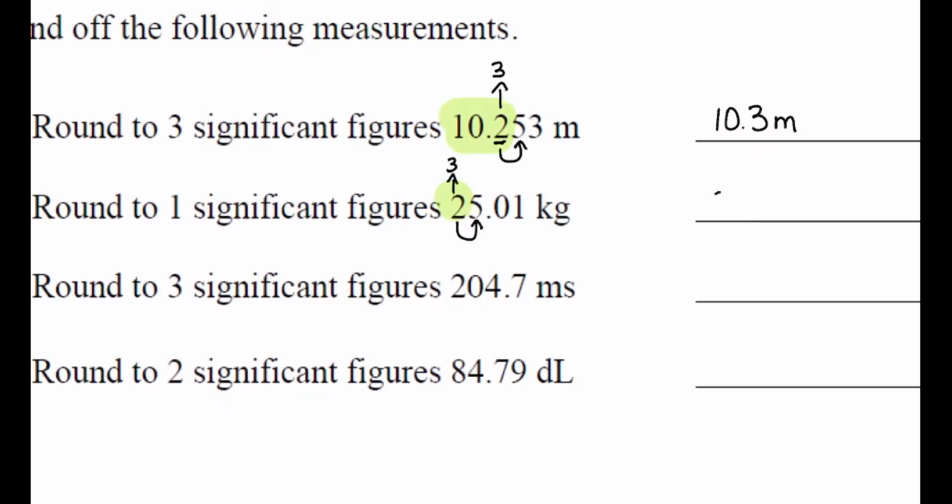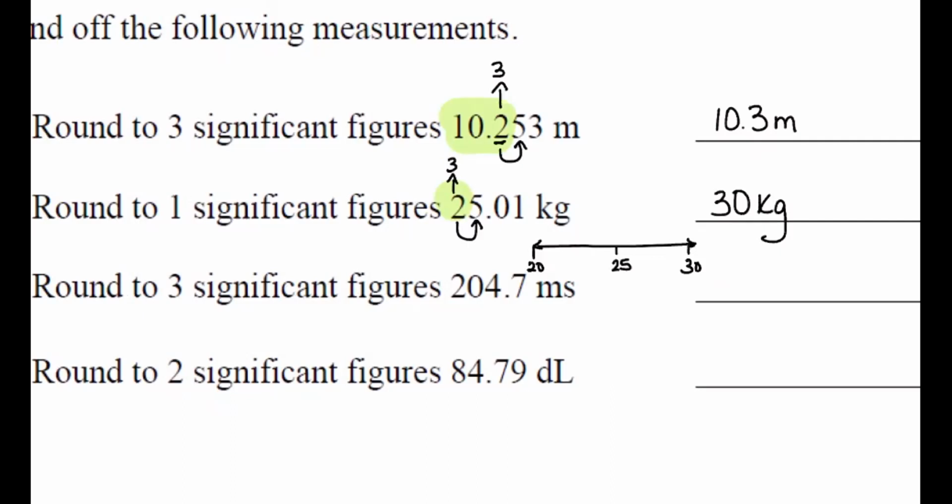I agree with that. But now in this case, the 5 turns to a 0 because the 2 is in the 10th place. So think about it. It's kind of like a number line, right? If this is 20 and this is 30, 25 is right here. So it cannot be just 3, because 25 is going to be closer to 30, because that 2 is in the 10th position.